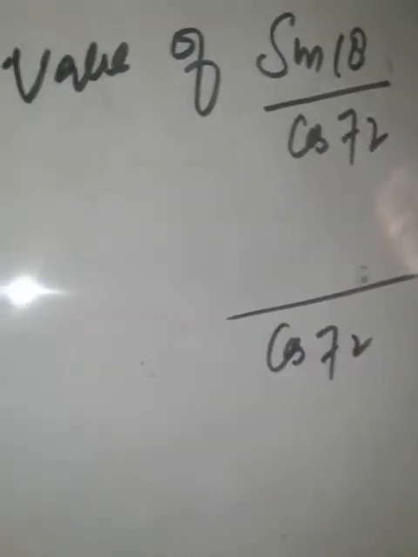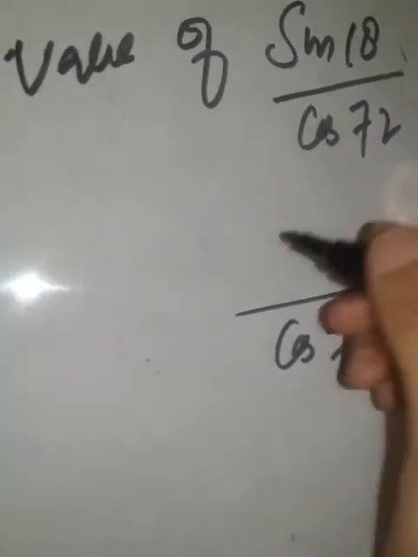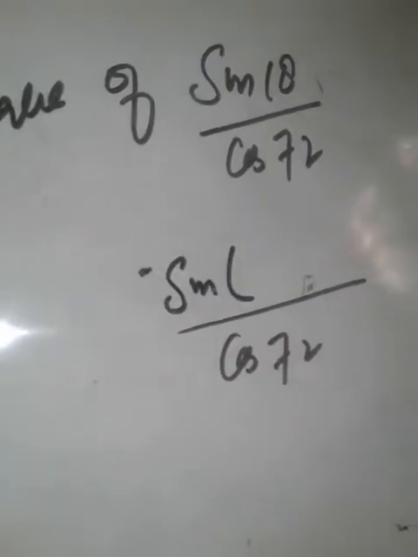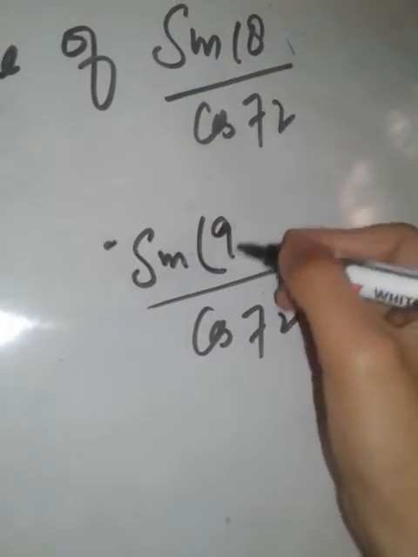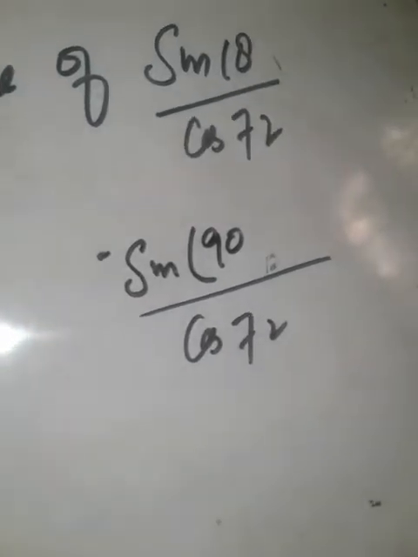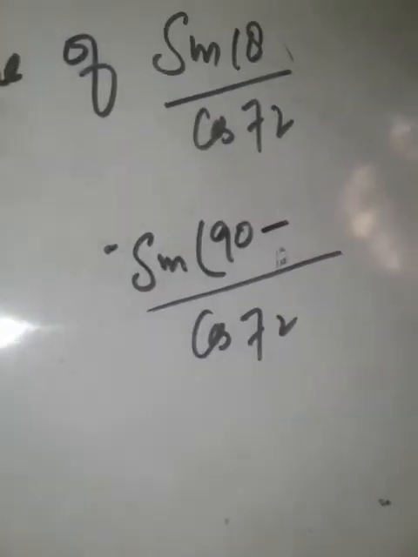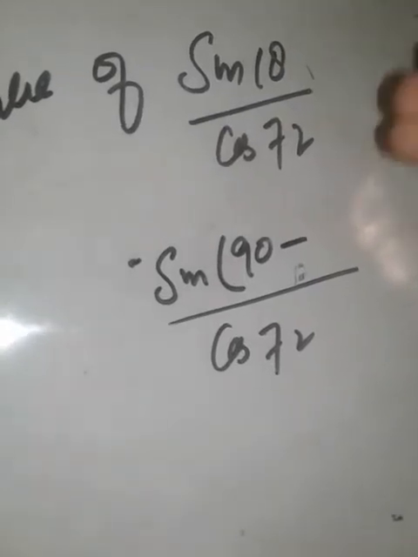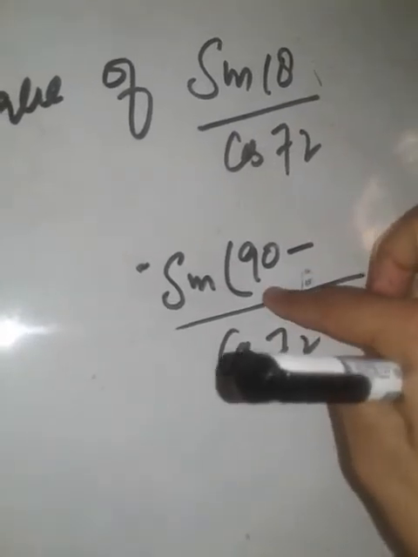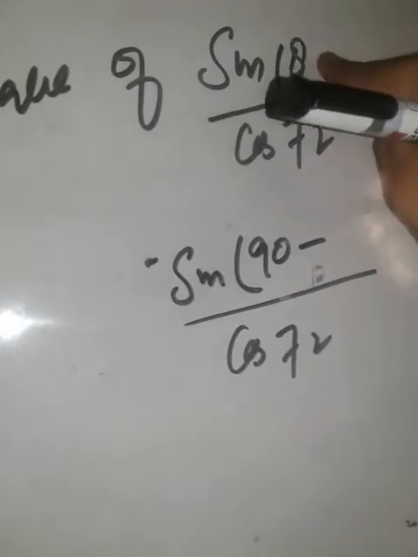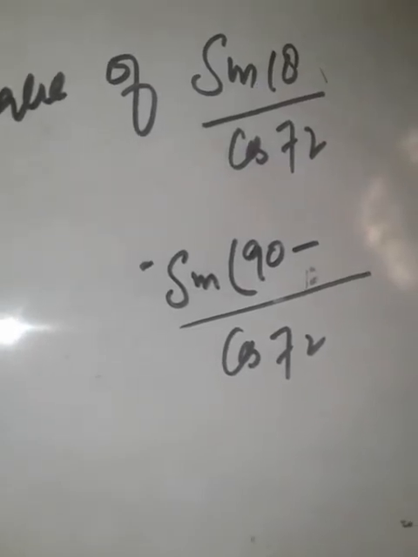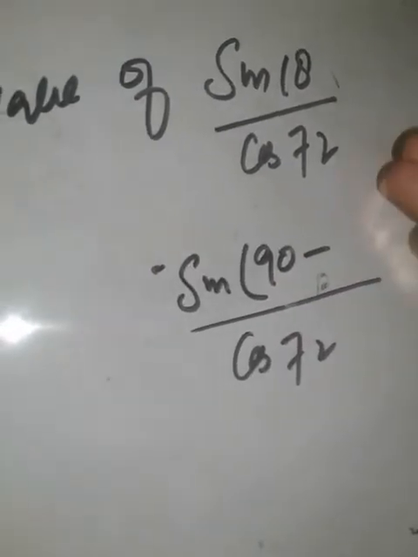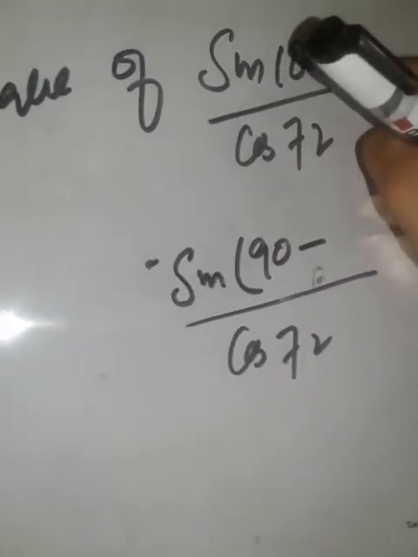Now what you have to do is write sine, bracket, and bring 90 here. Now this is 90 minus, and you have to get 18. What angle should we subtract from 90 to get 18?